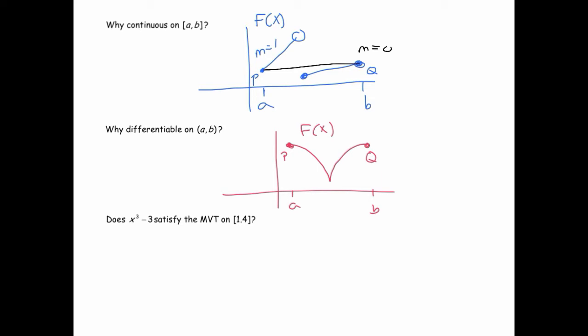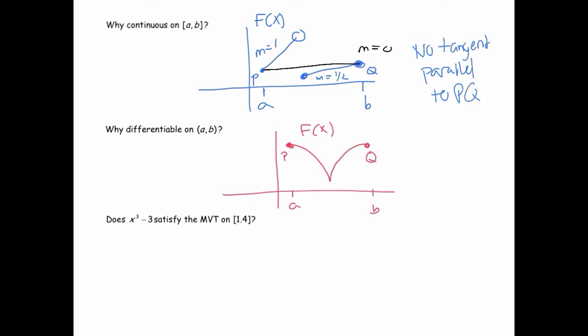Let's just make up a slope for this guy here. That looks like it could be, I don't know, 1/2, right? So the derivative of this function, where it's defined, is either 1 or 1/2 on the interval a to b, and neither of those equals the average rate of change, which is the slope of the line PQ. So no tangent is parallel to PQ.